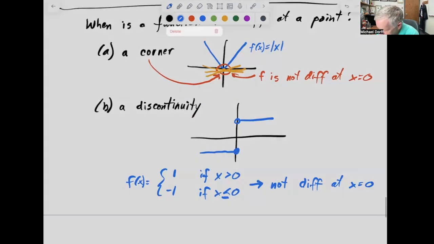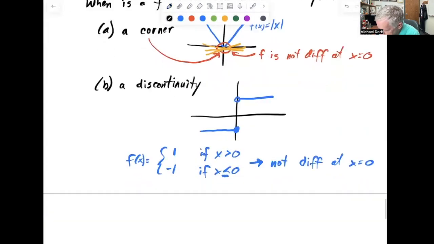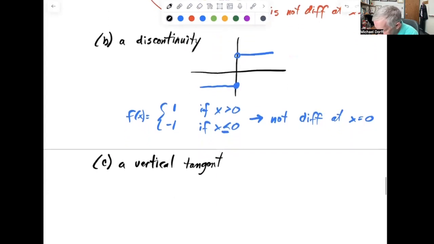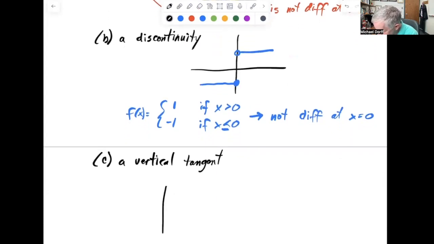Okay, and the third case where a function is not differentiable is at a vertical tangent. Okay, what does a vertical tangent look like? It looks like this, like that.